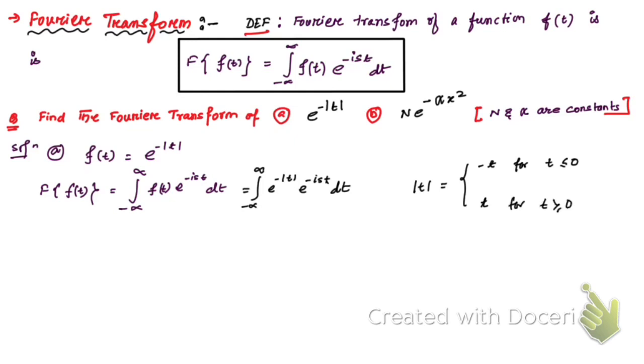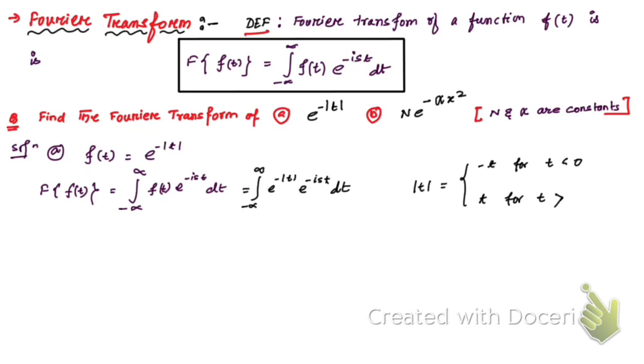Here you see, 0 is neither positive nor negative, so 0 is the boundary point. You can write it this way as well: minus t for t less than 0, then positive t for t greater than or equal to 0.